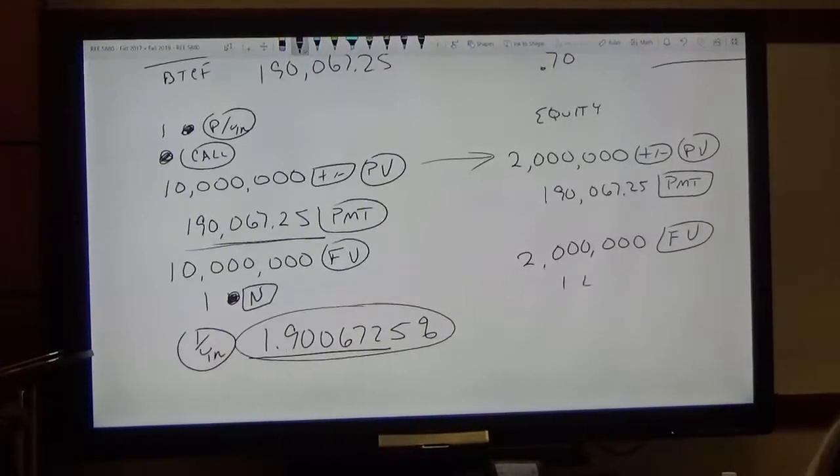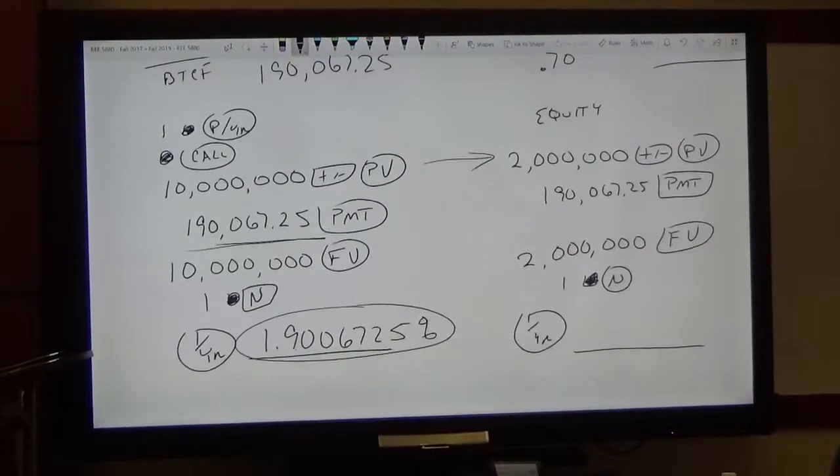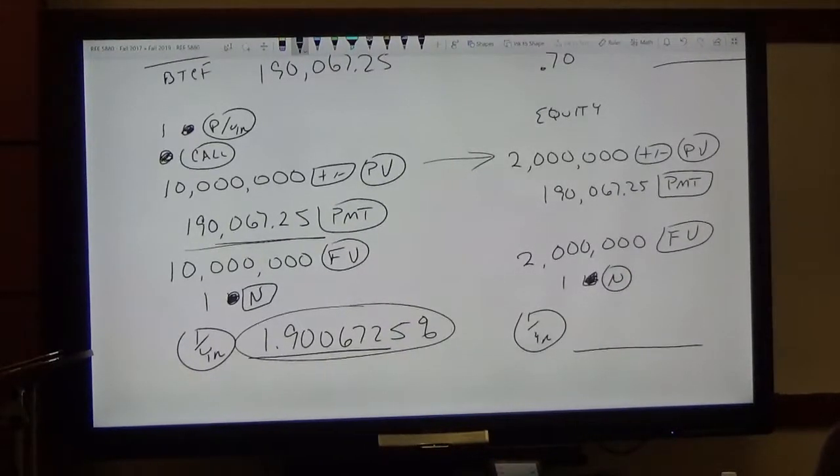Now, if we solve again, what you're going to find, our rate of return, okay? We end up with 9.503, blah, blah, blah, on out.